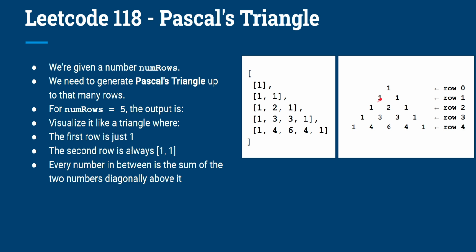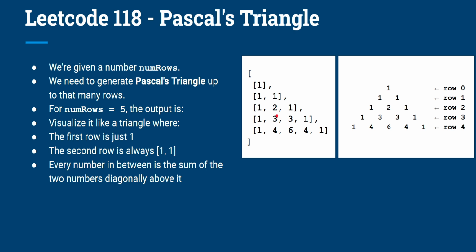The ends will remain the same. For the middle elements, this 1 plus 2 gives 3, and this 2 plus 1 gives 3, but the rest are 1 and 1. Only the middle elements are changing, right? And how is this happening? If you observe, it is happening diagonally. If you want this 2, how are we getting this 2 value? We are getting 1 plus 1, which is 2.